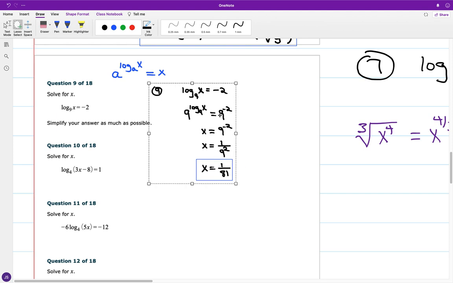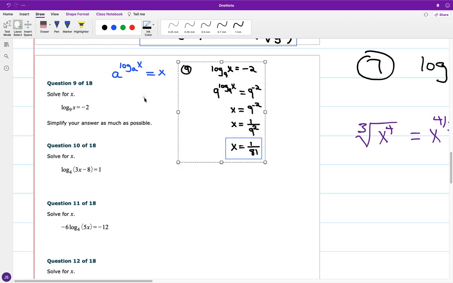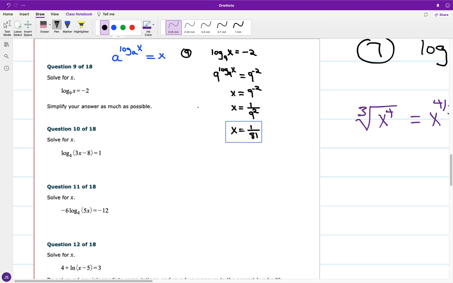All right, and then we have number 10. We have a similar type of scenario, and here we have the base 4 logarithm of the quantity of 3x minus 8 is equal to 1, and using this property, now it is going to be the exponential base 4 they're going to use, treating both sides of this equation as powers.